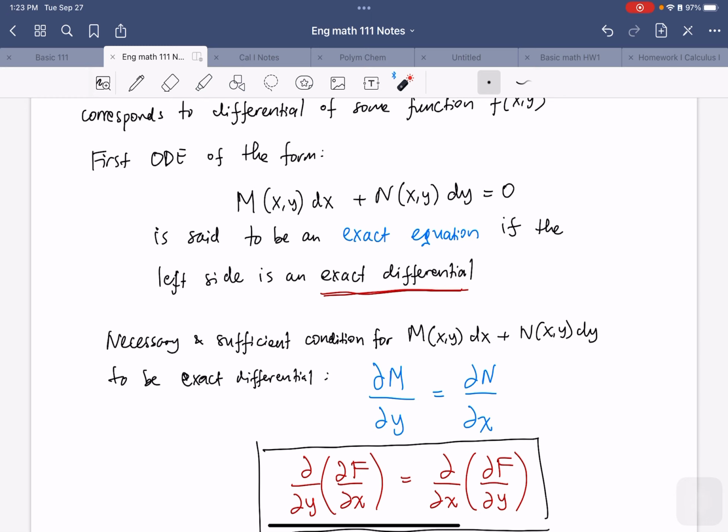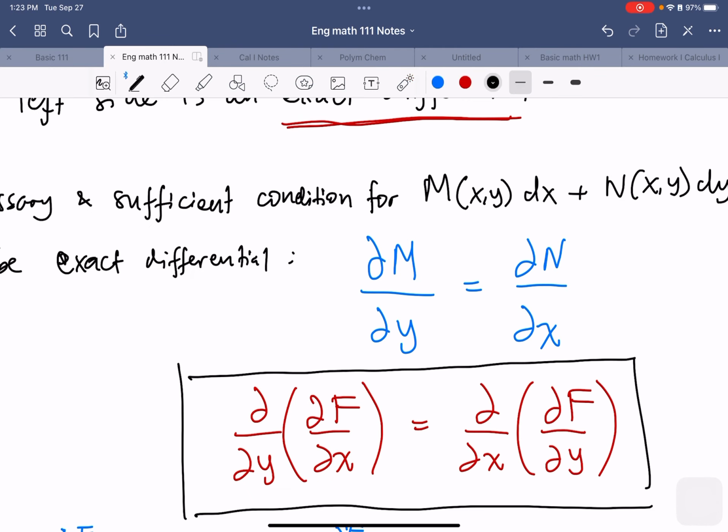We can also say M and N are actually partial derivatives. We have the capital F, where partial F, partial x is M, and partial F, partial y is N. So it's like when we did partial derivatives in calculus 1, we can easily derive, right?